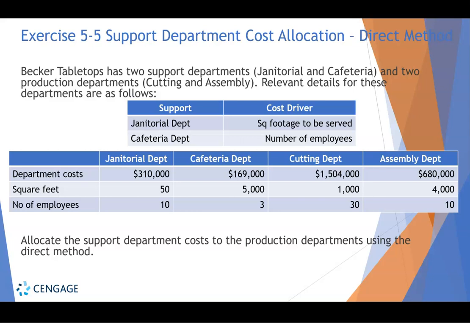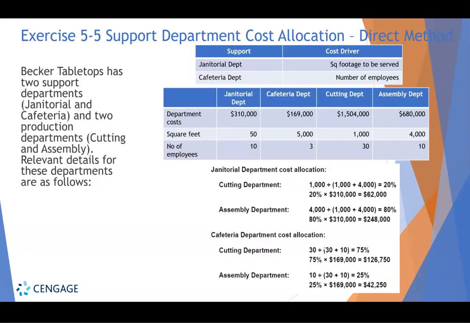So the janitorial department being square footage, the cutting department is 1,000 square feet. The assembly department has 4,000 square feet. So the janitorial cost for the cutting department is 20%. For the assembly department it is 80%.